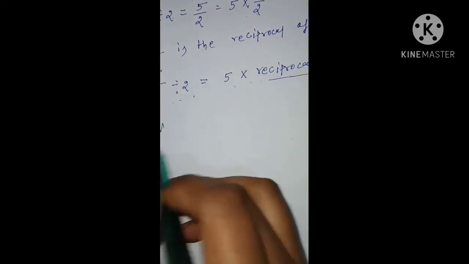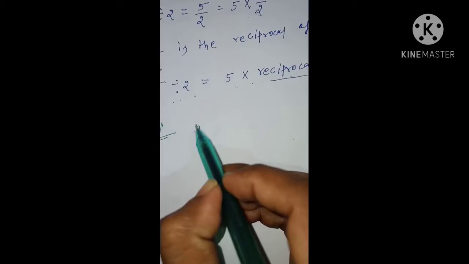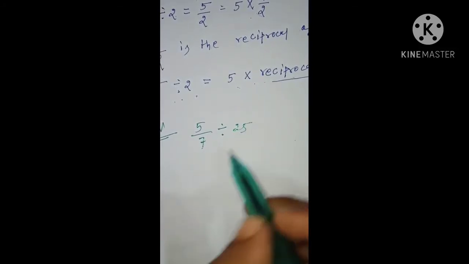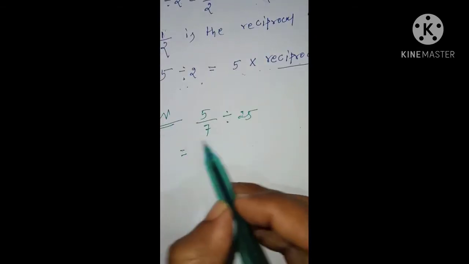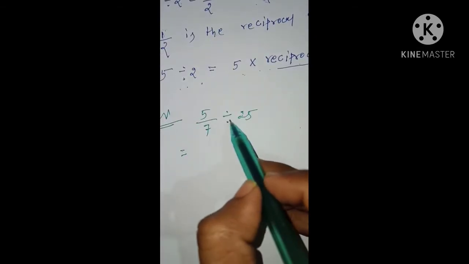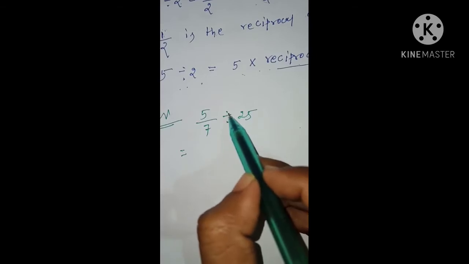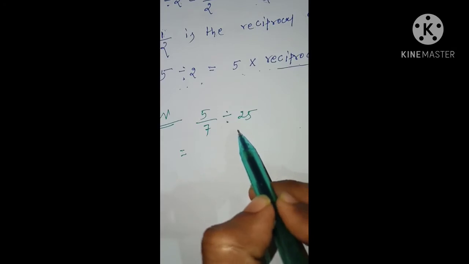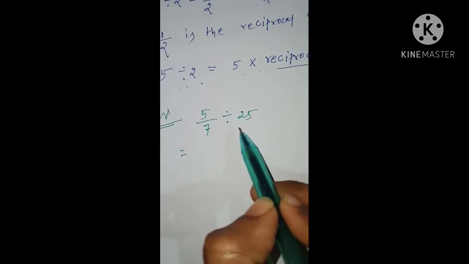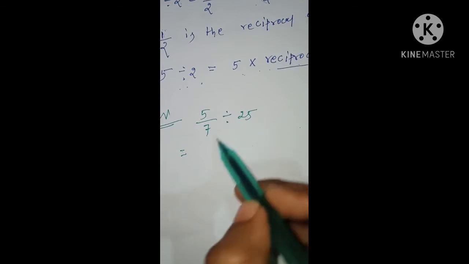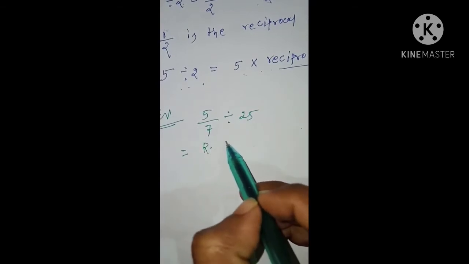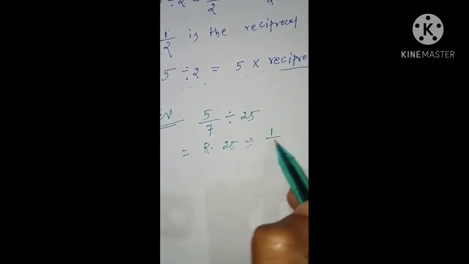Let me take one example, like 5 by 7 divided by 25. Instead of writing the division, whenever you want to solve this question you should write it in the form of multiplication, using the reciprocal of that number. So the reciprocal of 25 will be 1 by 25.